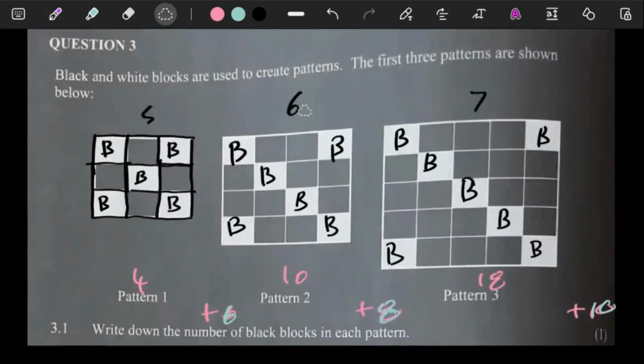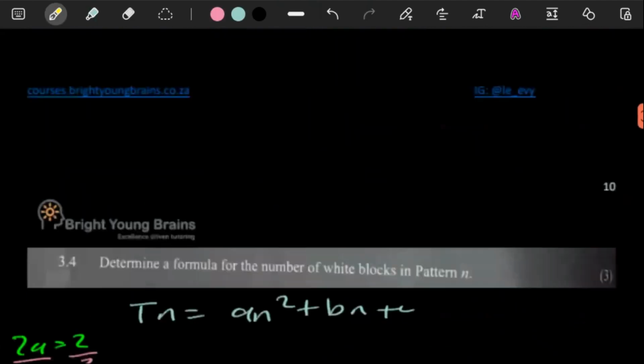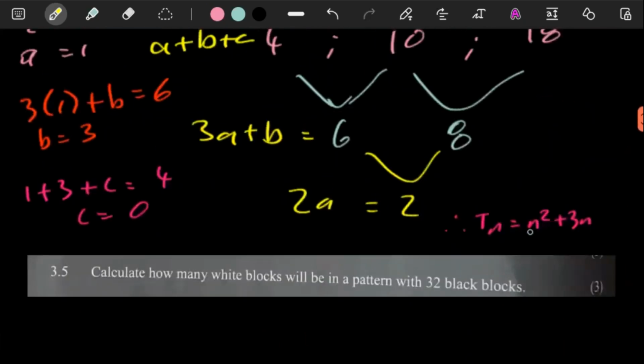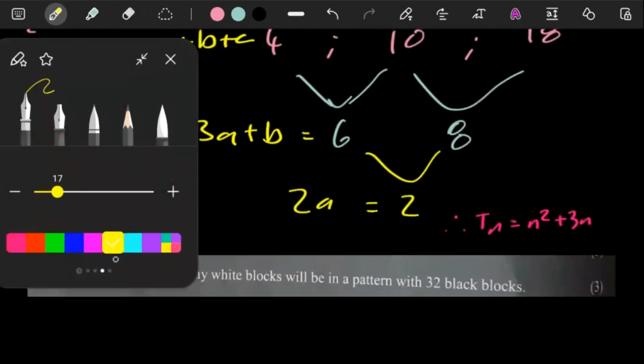For 6 blacks, it's 10, going on and on. So in the sequence of the blacks, we can find the position of 32, so that we can put that value in the formula for our white blocks.